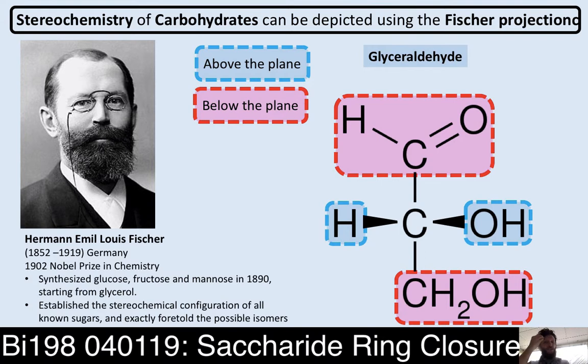The stereochemistry of a molecule is looking at the 3-dimensional structure of that molecule. All right, so the stereochemistry or 3-dimensional arrangement of the atoms in a molecule can be depicted using this Fischer projection, which specifically applies to carbohydrates.